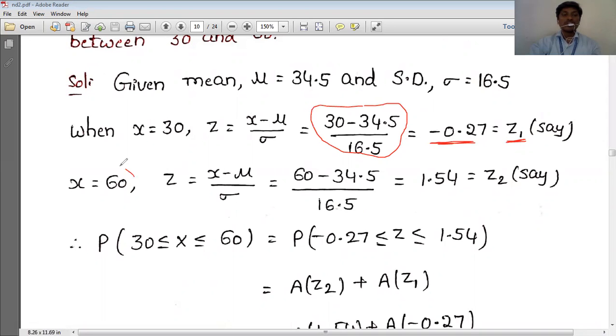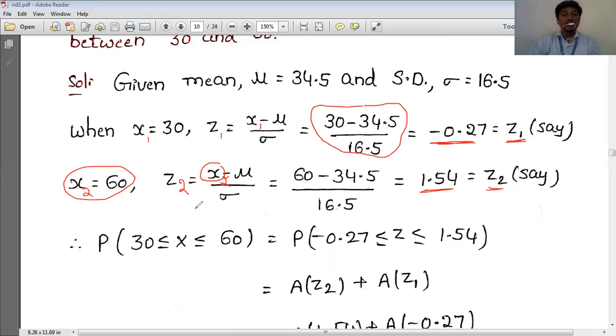In the same way, we take the other value, x is equal to 60, and substitute it: 60 minus 34.5 by 16.5, we got 1.54, and we took the assumption as Z2. Here you can also write Z1 as x1 minus mu by sigma and Z2 as x2 minus mu by sigma, and assume this is x1 and this is x2. Like this also we can calculate.